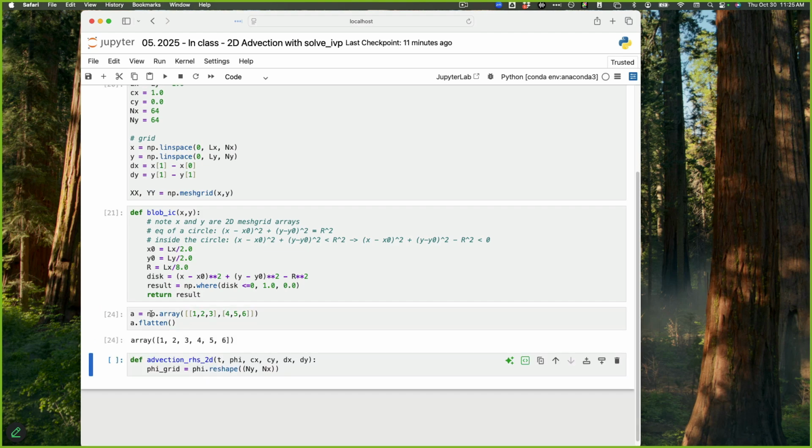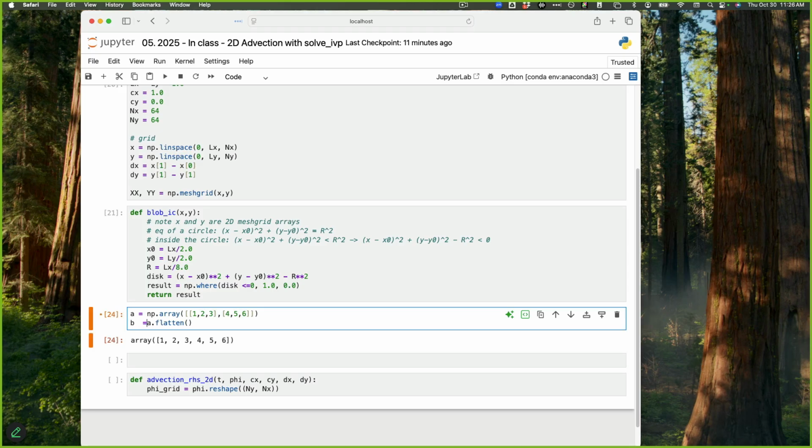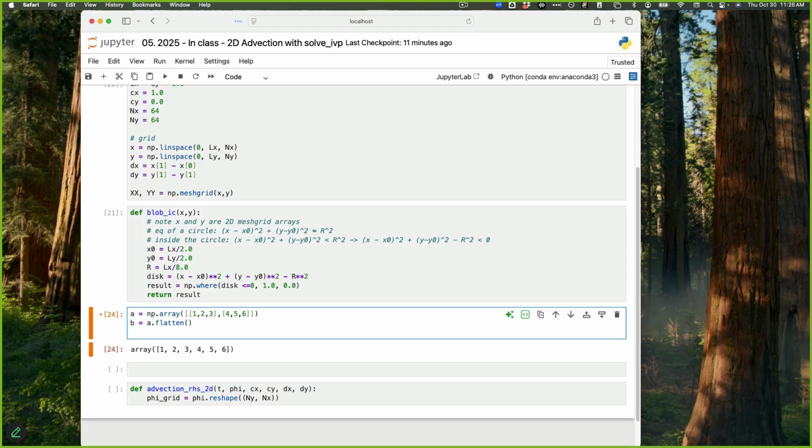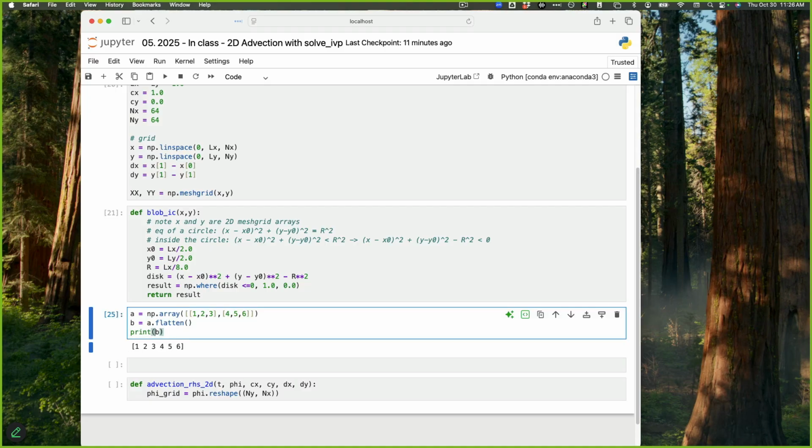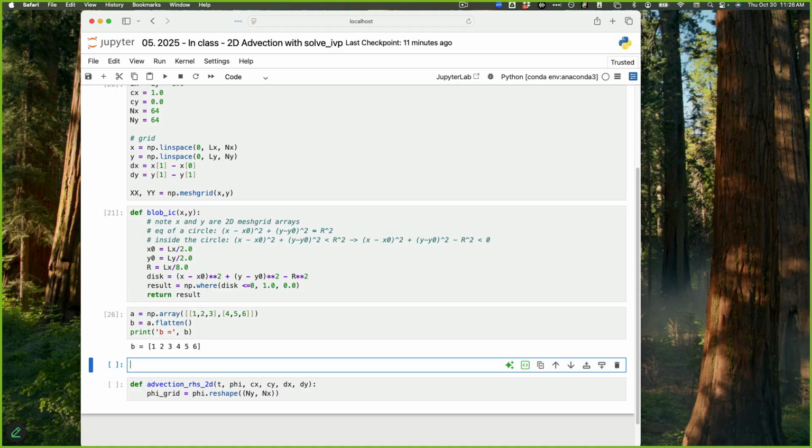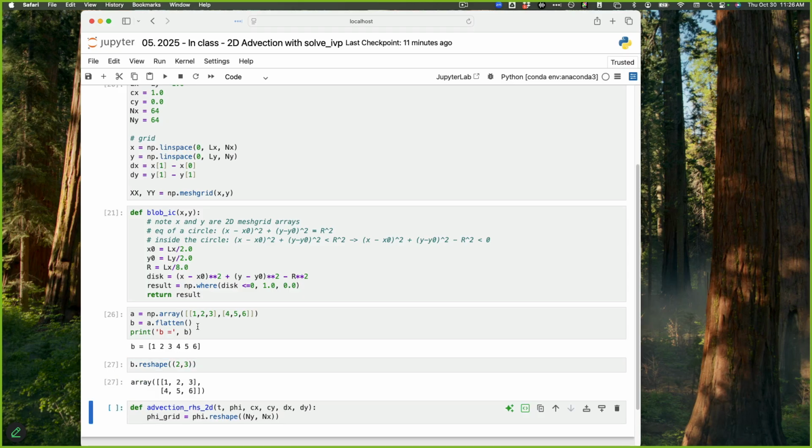Now, let's say B is A.flatten, and then print B. That's the flattened A. Now I can B.reshape into 2 by 3, and it's going to give me back my original array. That's what we're doing here.